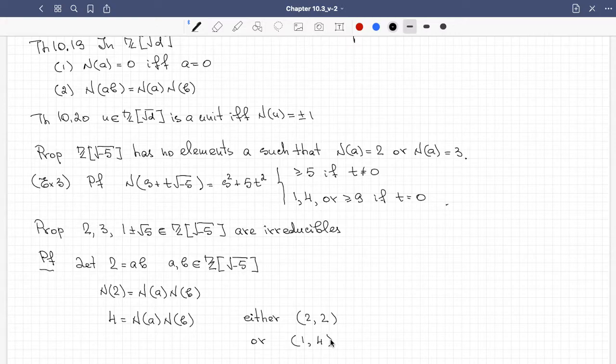I write in parentheses because I don't want to write 4 combinations A, B, B, A. That makes no sense. One of them is 2, another one is 2. One of them is 1, another one is 4. And there is no other options. But this option is ruled out. Cannot happen.